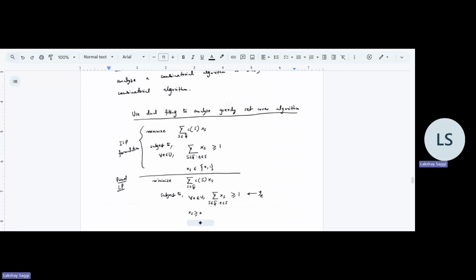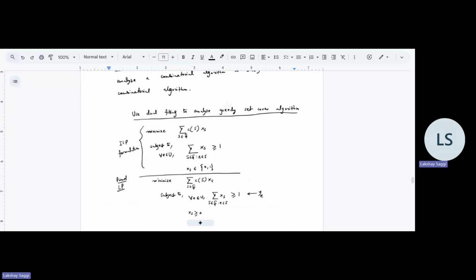You select the subset which covers the most uncovered elements, and you do this for every iteration until you cover all the elements of the universe U. And in last week's lecture, it was shown that this algorithm is log n approximate.